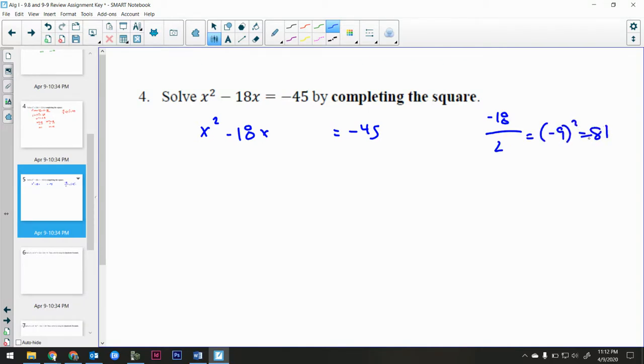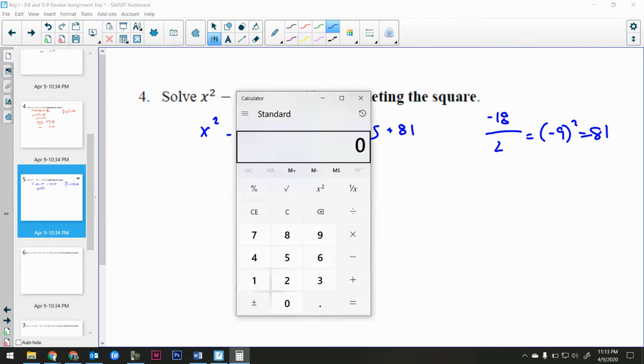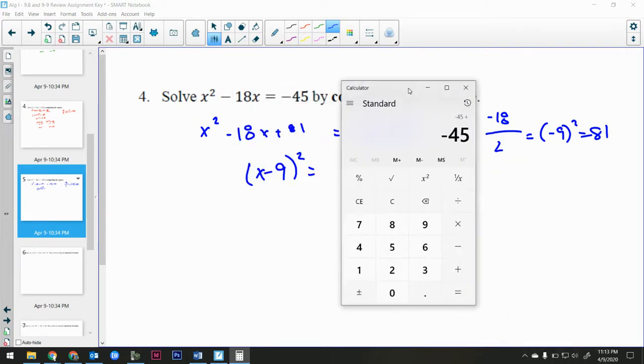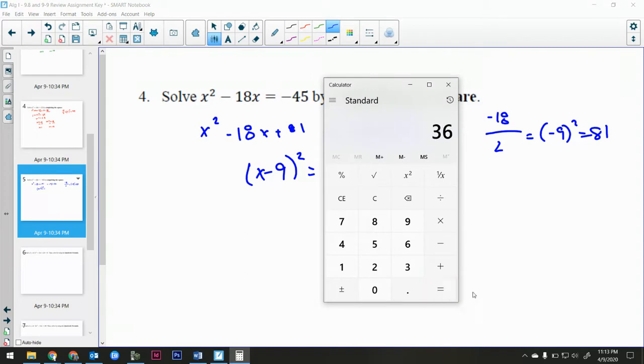Square it to get 81. That's what adds to both sides. So I get x minus 9 squared is equal to -45 plus 81, which is 36.